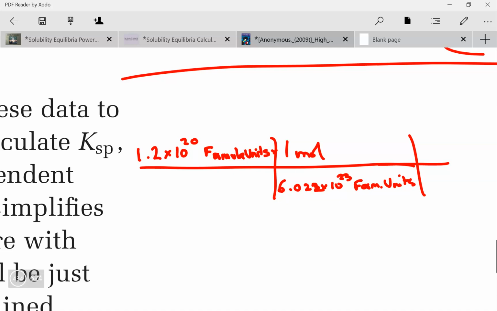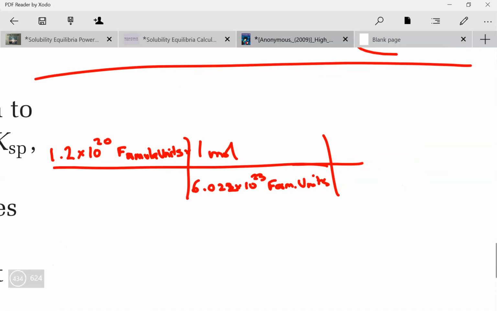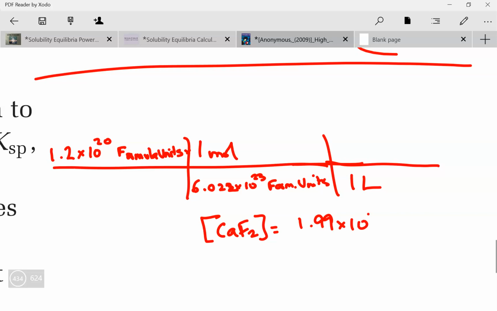Because now I have moles, and it says per liter, that's really unnecessary. So we just do 1.2 times 10 to the power 20 divided by 6.022 times 10 to the power 23, which gives us a concentration of 1.99 times 10 to the power negative 4.